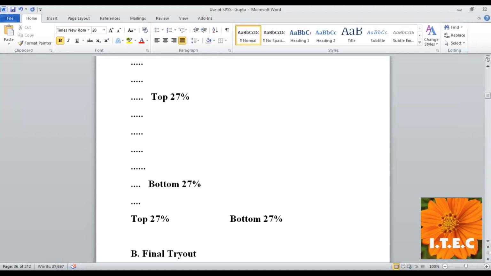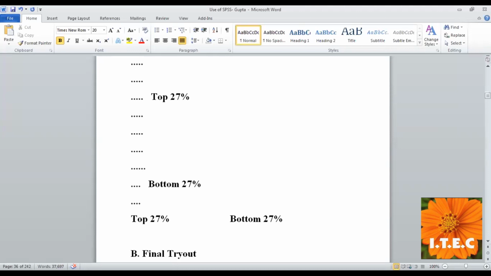In that paper, you can do the item analysis by taking 27% from top and 27% from bottom. Then you take 28%, 28%, 29, 29, 30, 30, 31, and try to find out whether the discrimination changes or not. Then you can write a good paper out of it. It's a very nice paper you can develop.